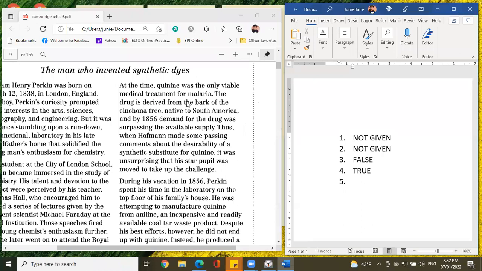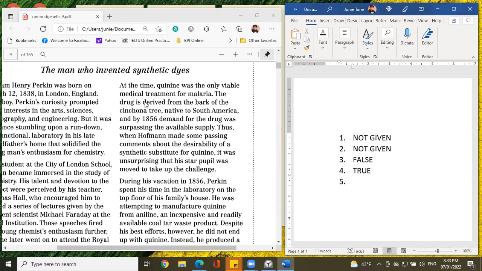The drug is derived from the bark of the cinchona tree, native to South America, and by 1856, demand for the drug was surpassing the available supply. Thus, when Hoffman made some passing comments about the desirability of a synthetic substitute for quinine, it was unsurprising that the star pupil was moved to take up that challenge."